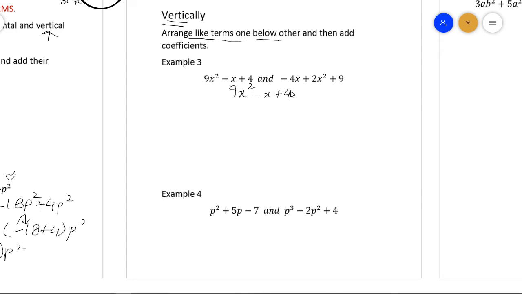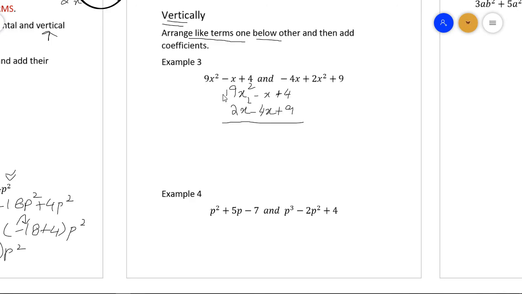That is minus x. So we will write minus 4x just right below minus x. The next term is plus 2x square, and 2x square is like to 9x square, so we will write it below 9x square, and then plus 9 is like to 4, so we will write 9 just below the number 4. Now we have to add them.